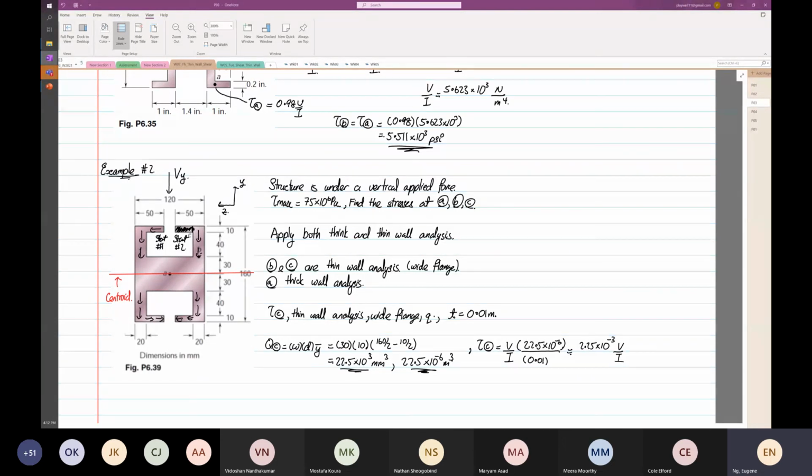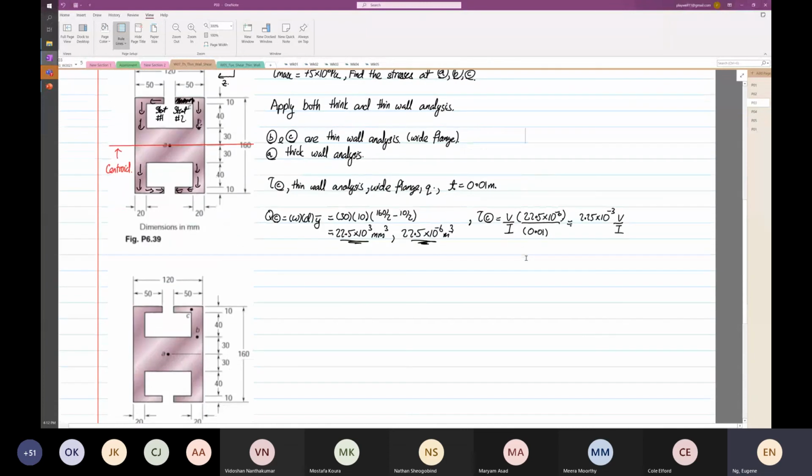Now I'm going to use the same diagram so you all can see better. Now we are going to find the shear stress at point B. So for this case, it's also under thin wall analysis, wide flange.